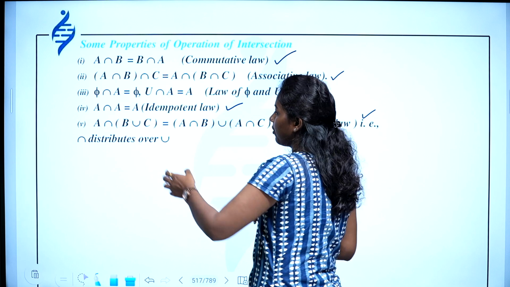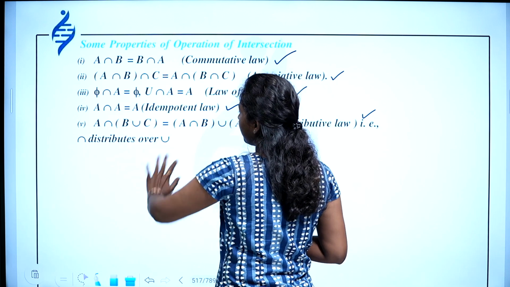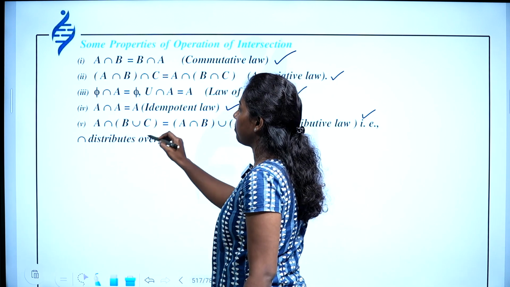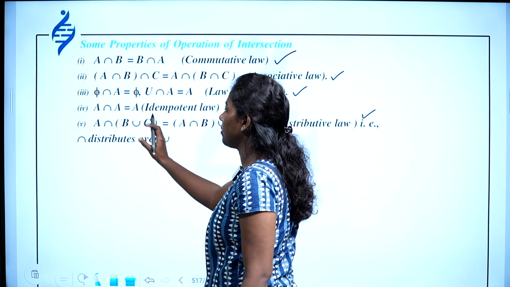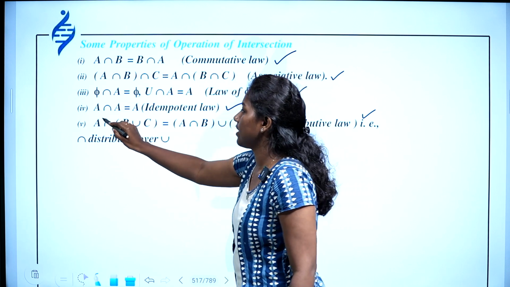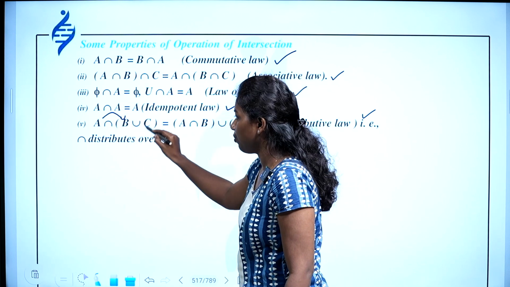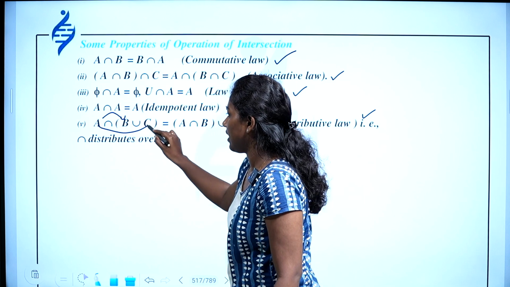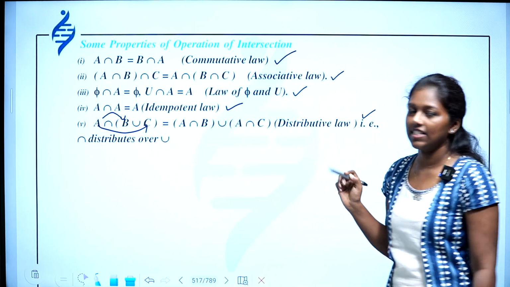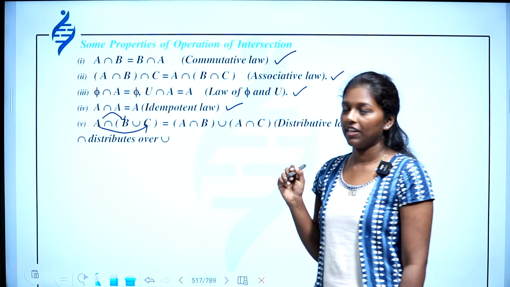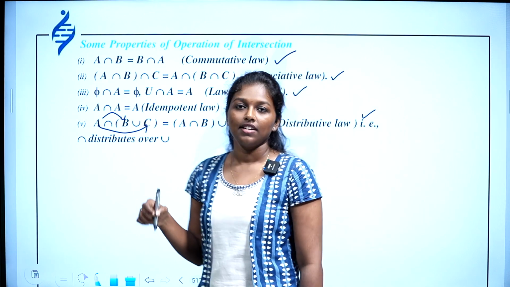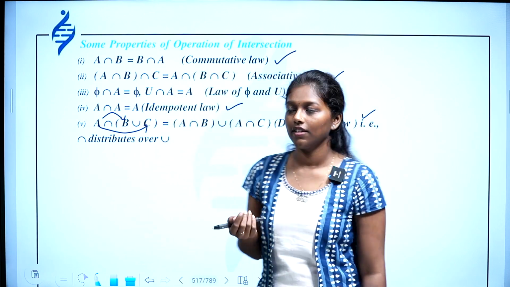So we can distribute intersection over union. A intersection (B union C) means you can open the brackets, and it becomes (A intersection B) union (A intersection C). So this is the distributive property, where intersection is distributed over union.